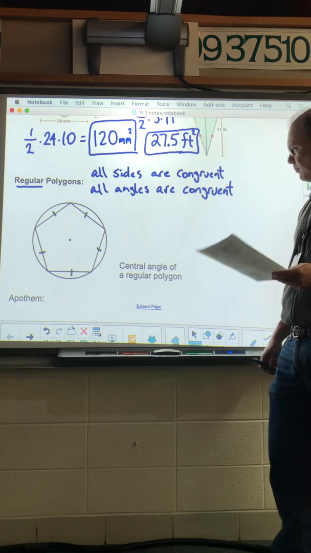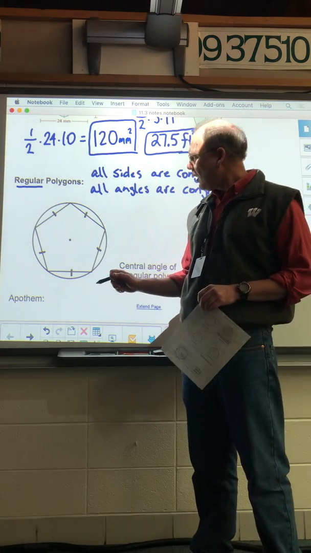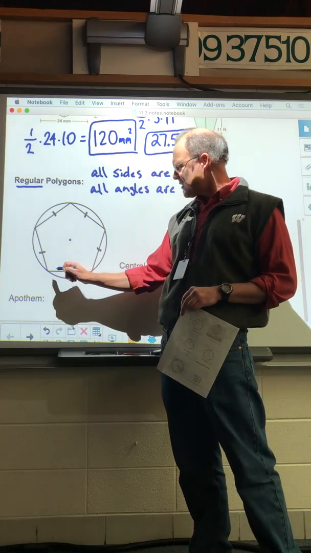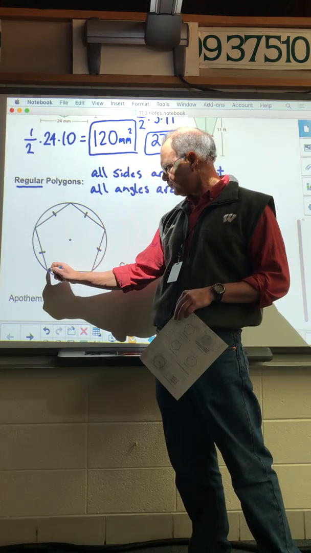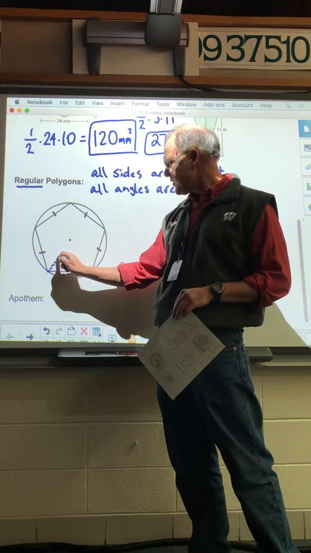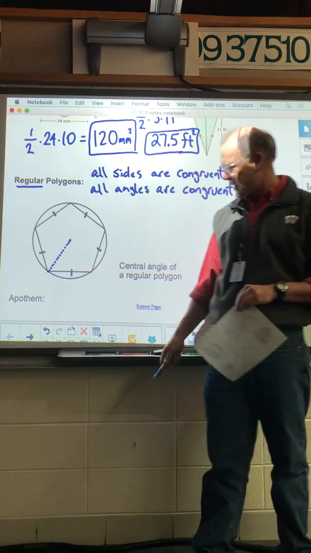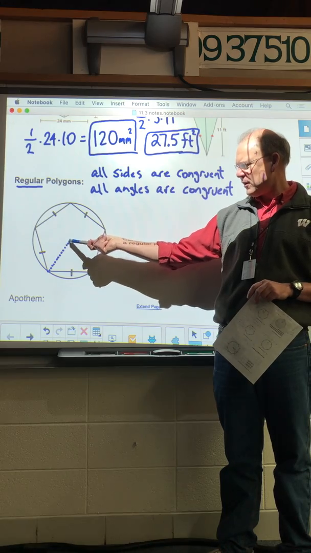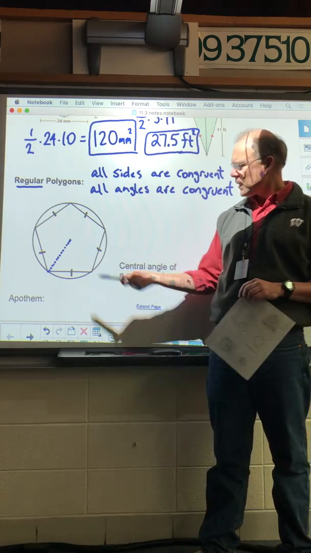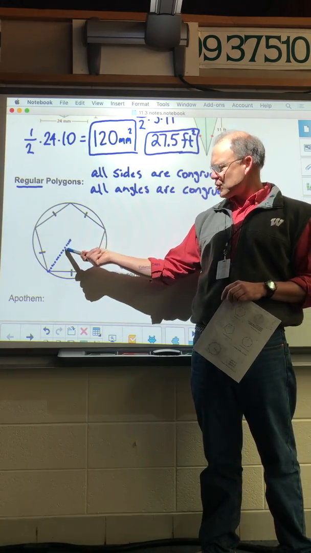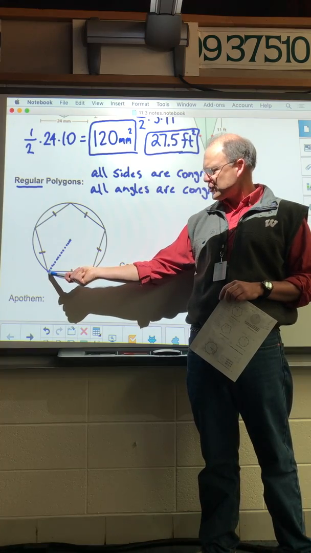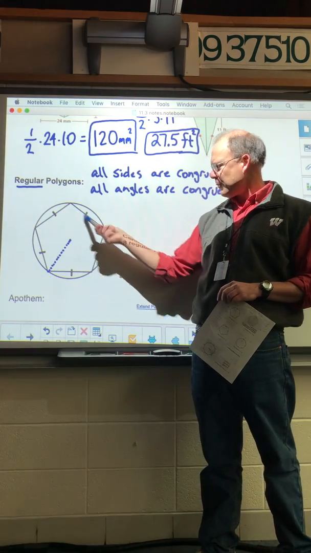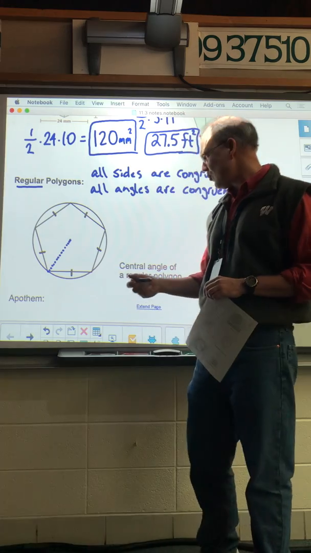Let's see here. A regular polygon has a radius. So the radius is going to go from the center. So there's going to be a point that's right in the middle of the polygon. So going from the center out to one of the corners of the polygon, that's called the radius.